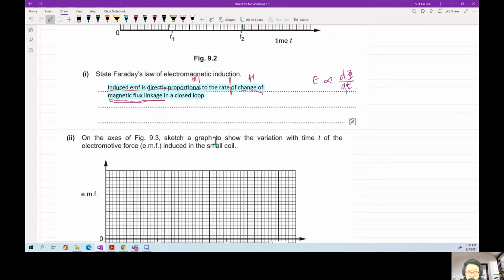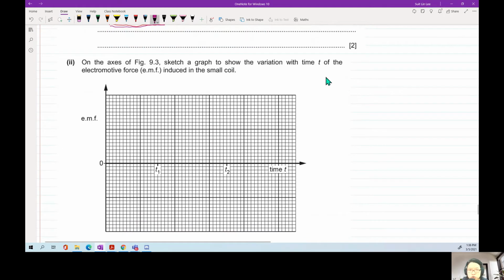Okay, sketch how the EMF is induced. Where is there change? Because we know this induced EMF in the small coil, E, is proportional to d flux dt, which means flux is NBA. So flux is proportional to B because the number of turns of the coil and the area of the coil is the same.